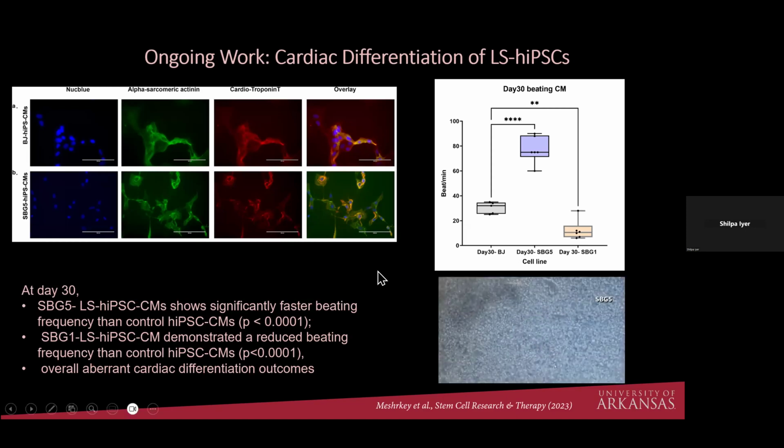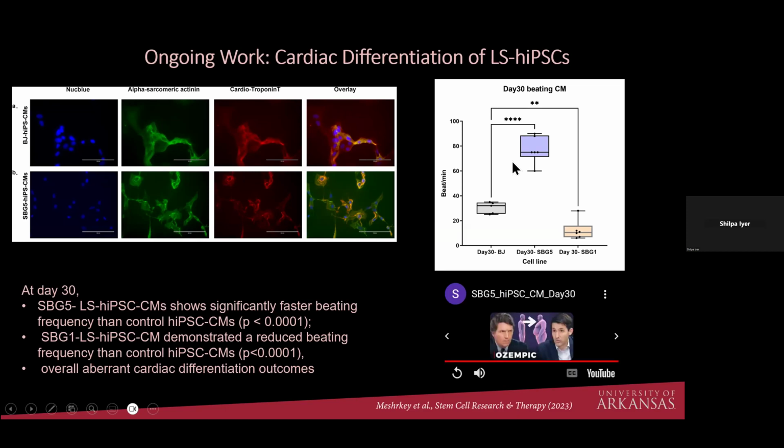I wasn't expecting cardiac to be impacted, but one of the lines, the one that was hyperfused, did show an increase by the time we differentiated them into cardiomyocytes. By day 30, it showed an increase and almost erratic beating of the heart. We took videos.